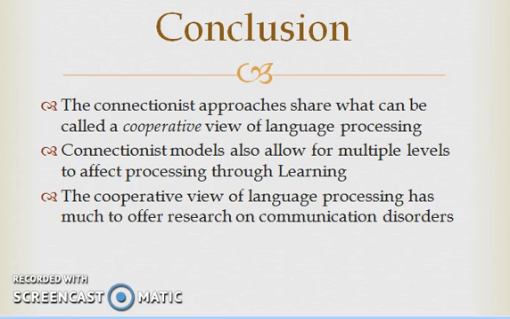Connectionist models also allow for multiple levels to affect processing through learning. For example, the learned weights from syntactic states in the DOL model depend on the semantic complexity of verbs, and the weights in the optic aphasia model reflect both semantic and visual similarity.